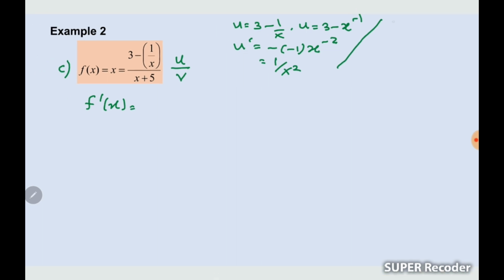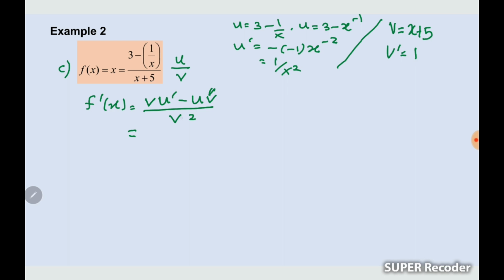V is x plus 5. V prime equals to 1. By using the quotient rule, f prime equals to vu prime minus uv prime over v squared. So substitute the values.